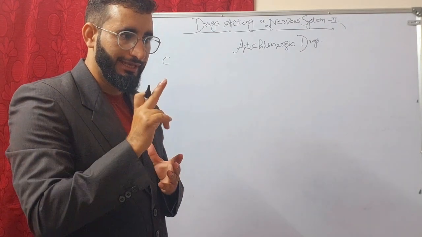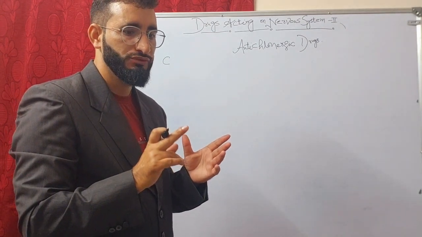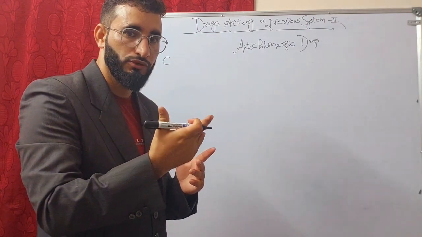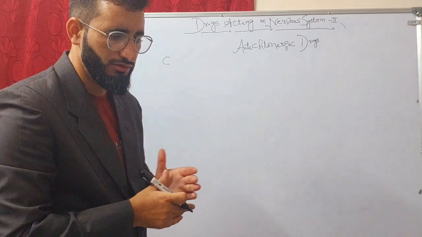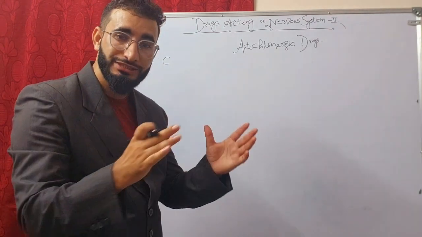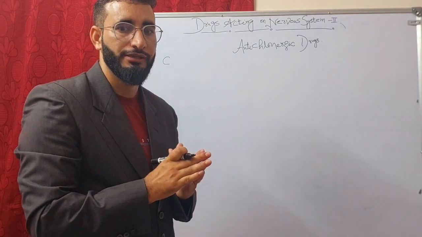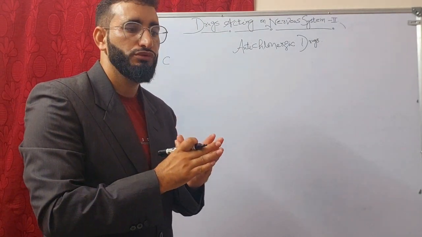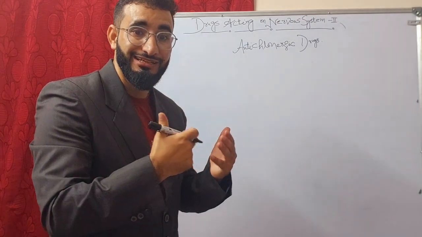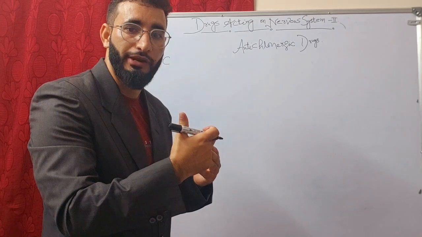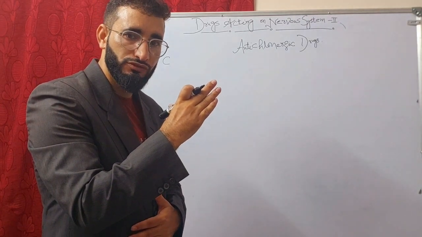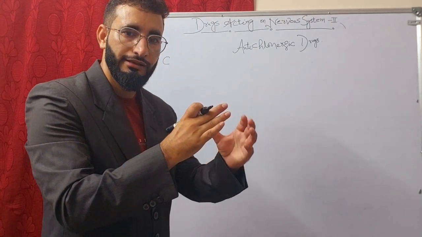For example, I will give one example like physostigmine. Physostigmine is a tertiary ammonium compound, which I will explain. So it can cross the blood-brain barrier, but neostigmine doesn't cross the BBB. So neostigmine is not used when the action is needed inside the brain, when we target a part inside the brain.